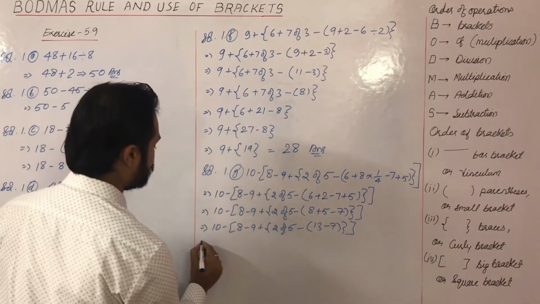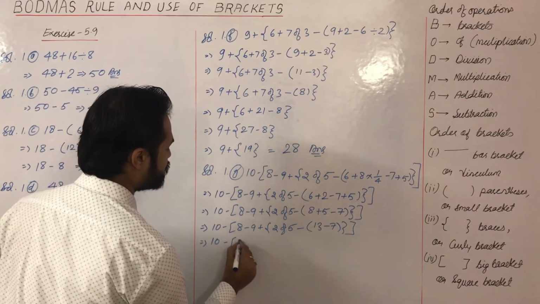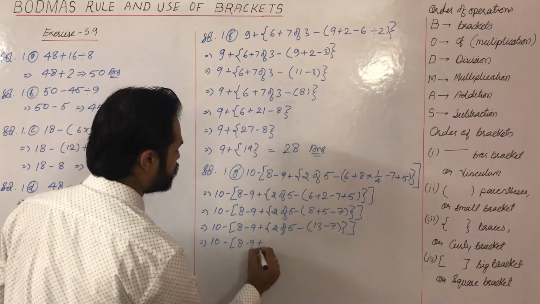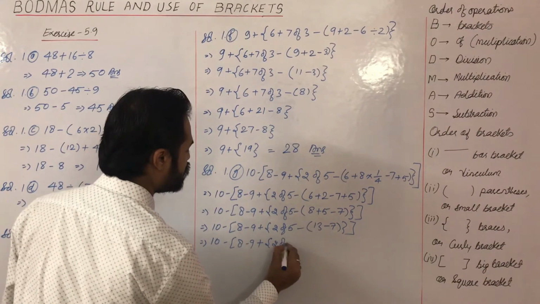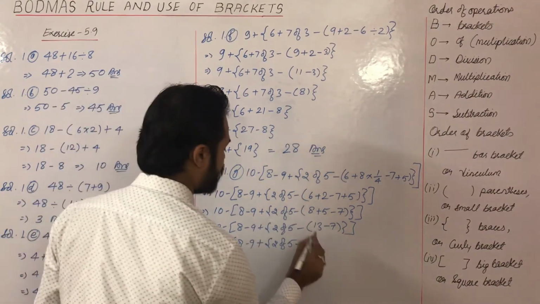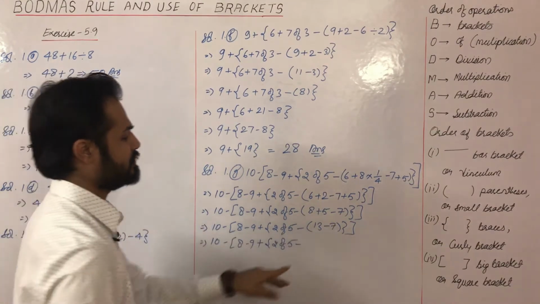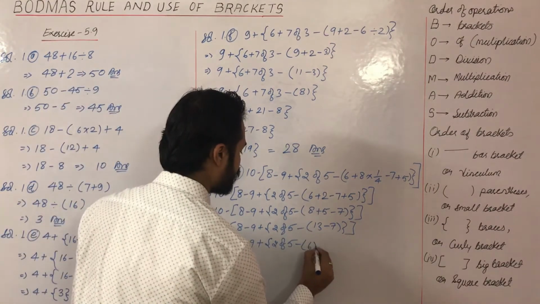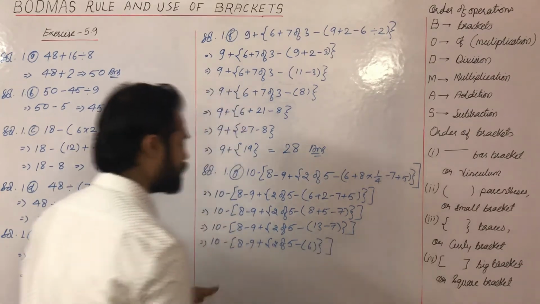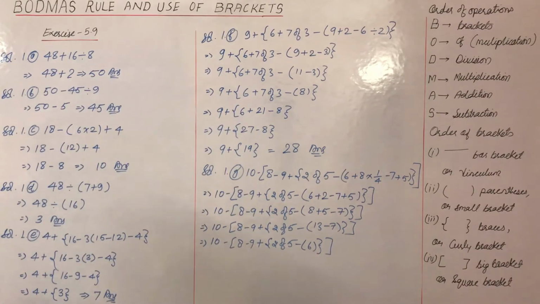Again in the next step, 10 minus 8 minus 9 plus 2 of 5 minus 13 minus 7. 13 minus 7 is 6. Right.